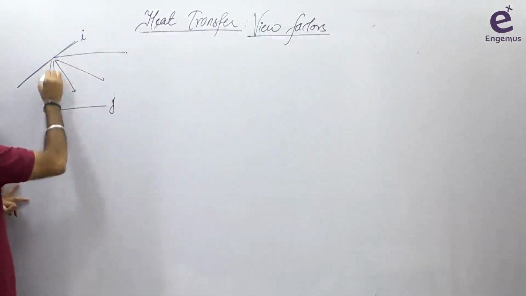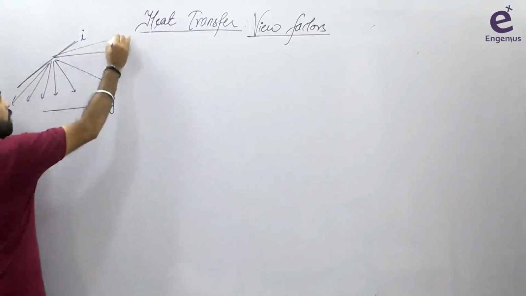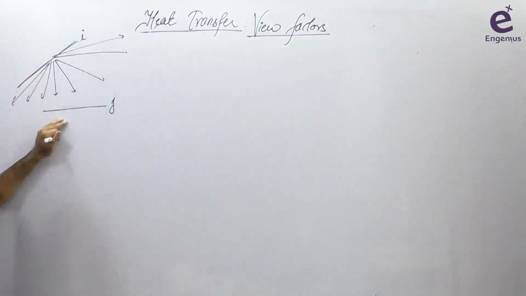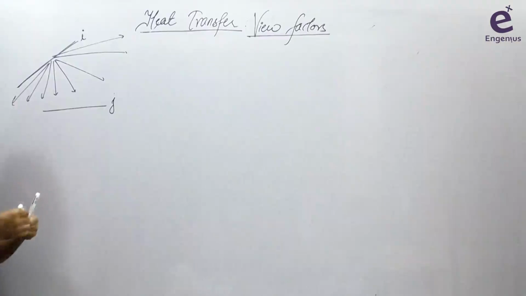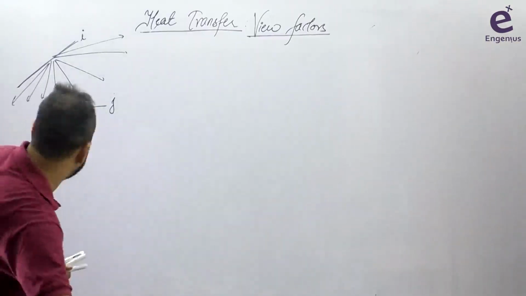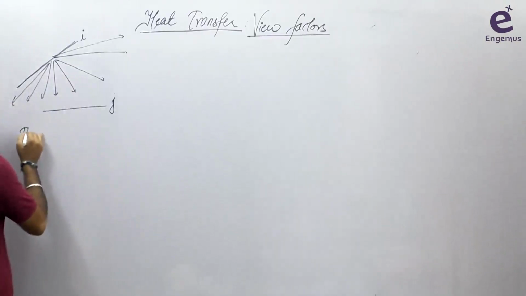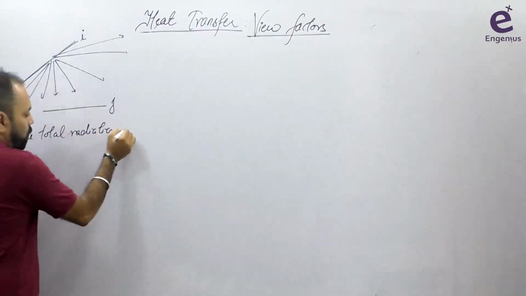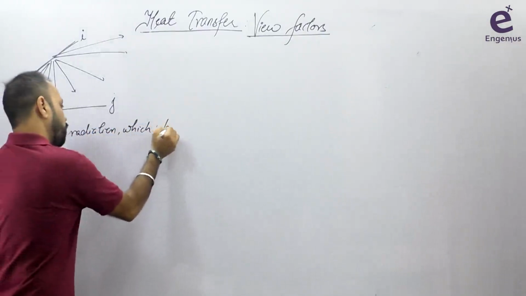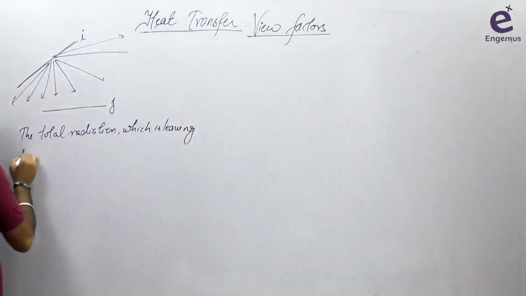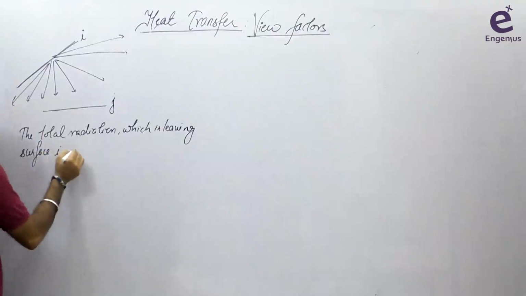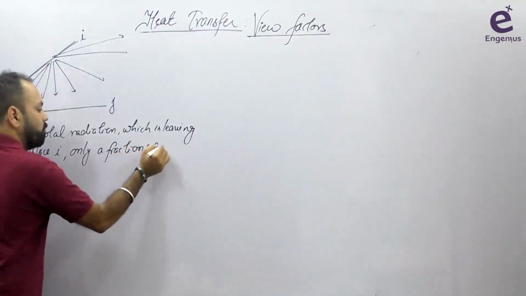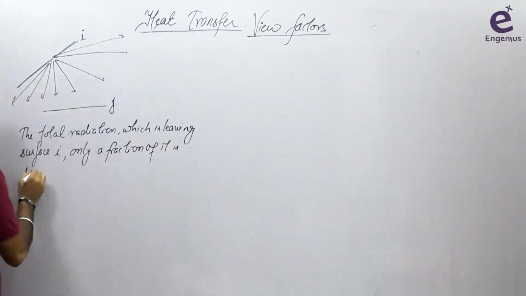Now the radiation which is leaving surface I, like this, all of this radiation will not be able to reach surface J. So it is very obvious that the total radiation which is leaving surface I, only a fraction of it is reaching surface J, right?